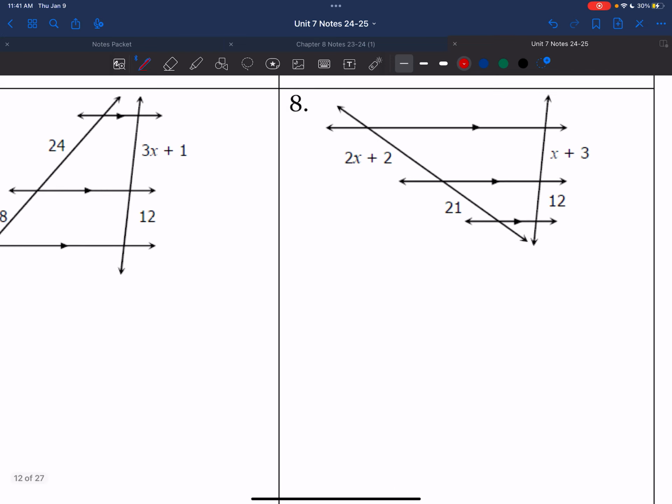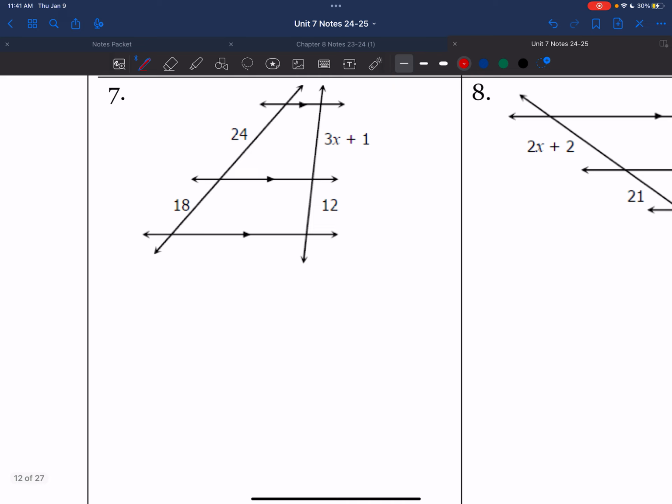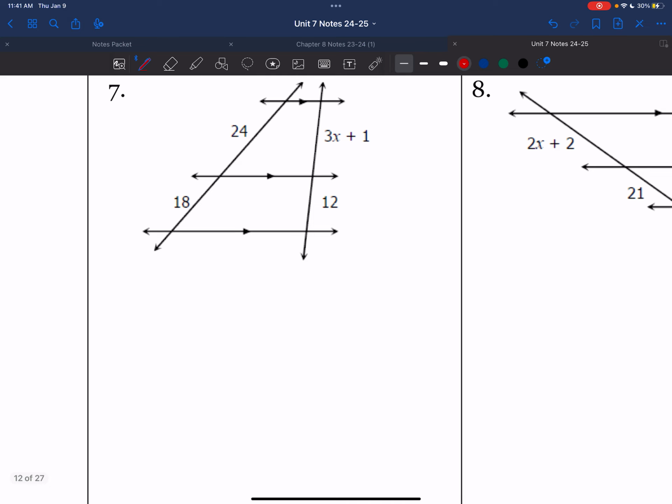All right, these last two, a little bit more difficult because we've got binomials in them, but it's still the same concept. So we've got parallel lines all the way across. And so we can say this part over this part equals this part over this part. So I'm going to say 24 over 18 equals 3x plus 1 over 12.